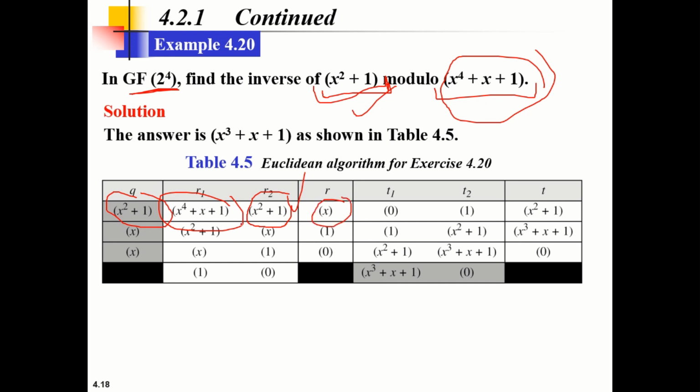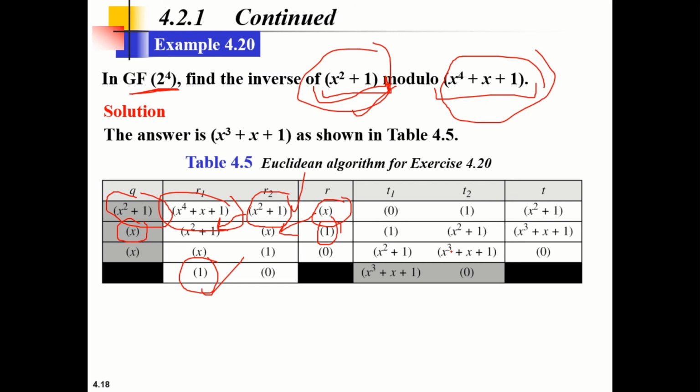Then we replace these values, this value comes over here, this value comes over here, and then we again divide these values, we get a quotient and a remainder. Okay, so here we are getting 1, so that means this given polynomial has a multiplicative inverse.